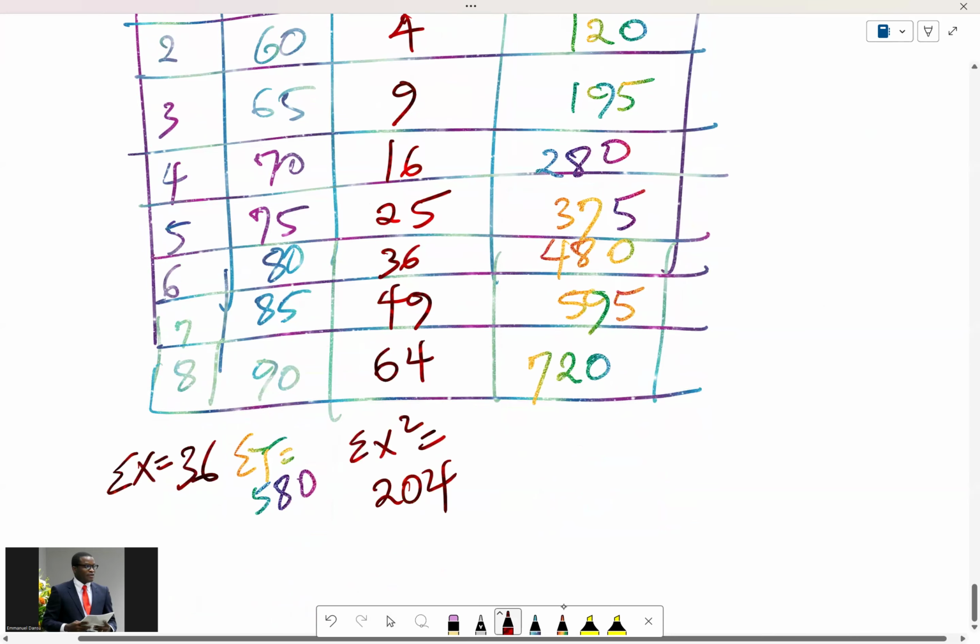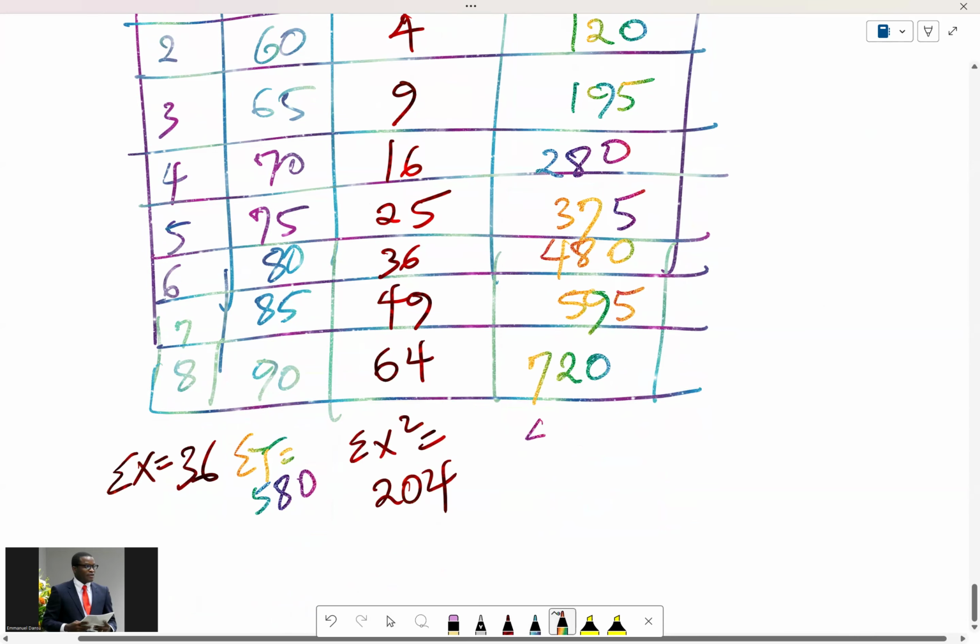And lastly, we need the summation of xy. That will be 55 plus 120 plus 195 plus 280 plus 375 plus 480 plus 595 plus 720. That is 2820.